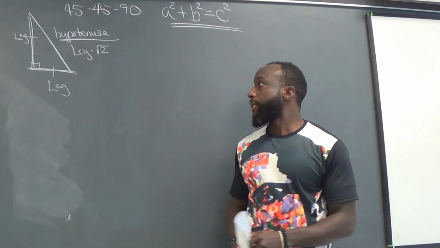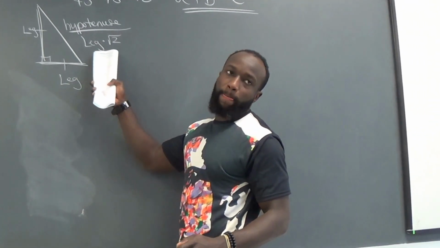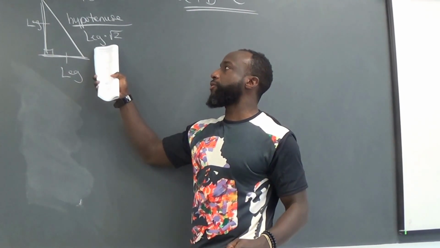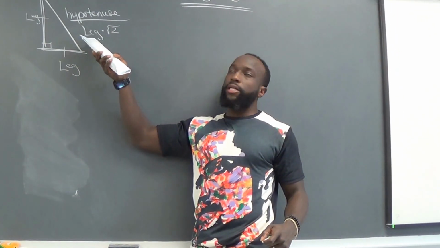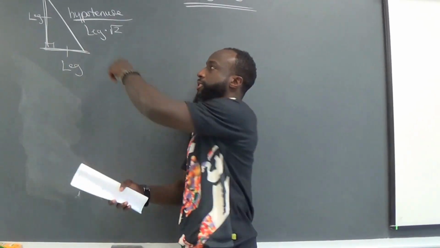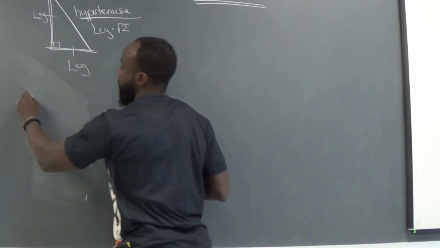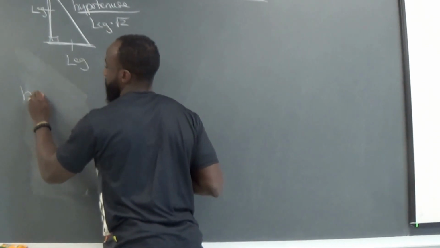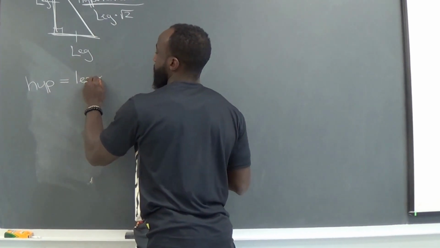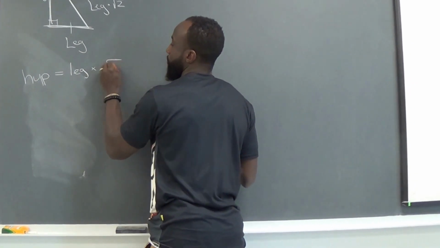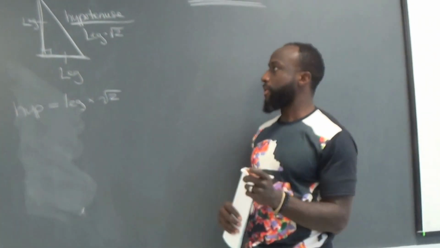So if you were ever given the hypotenuse and it was a leg times root 2, you would just take what's in front of the radical, and that's the leg. So put this in your notes: hypotenuse equals the measure of the leg times the square root of 2 every time.